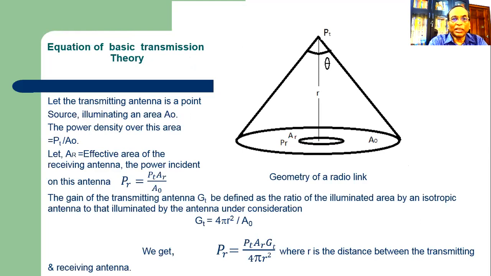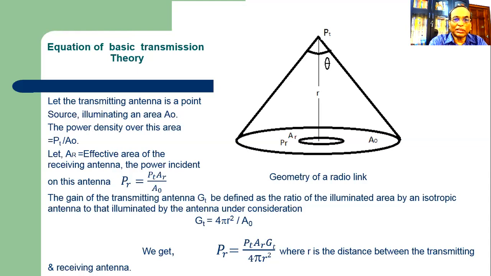Let the transmitting antenna be a point from where this PT is coming out, EIRP PT is coming out. The source illuminates an area A0. It is taken as an arbitrary area A0 where the receiving antenna is placed. So this receiving antenna has the area AR.